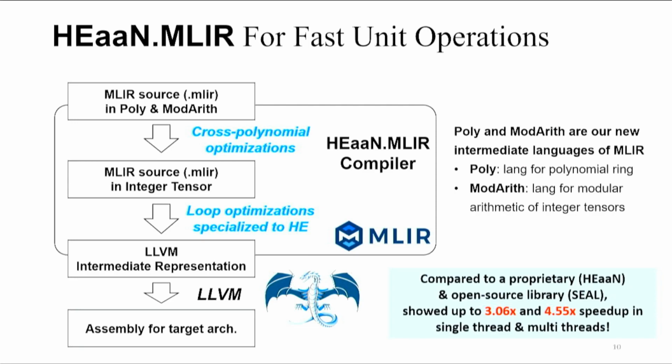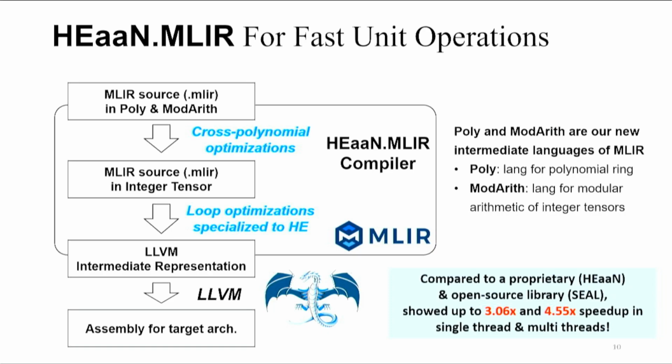So we proposed HEaaN.MLIR, which is a compiler framework, based on MLIR, for fast homomorphic encryption operations. It takes MLIR source, which takes two intermediate languages of the compiler that can be defined inside the MLIR framework, called poly and mod aris.